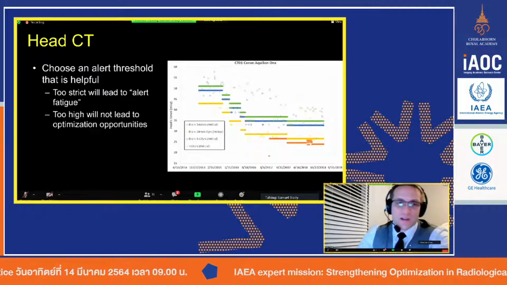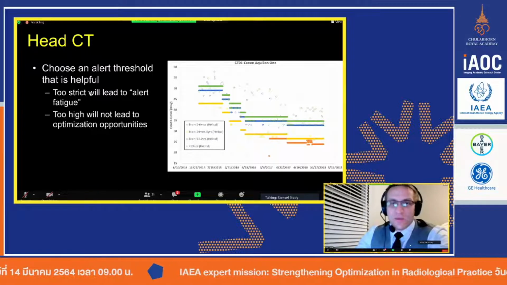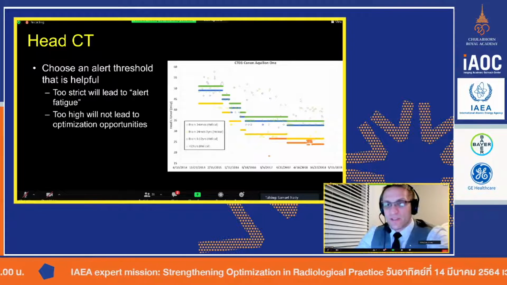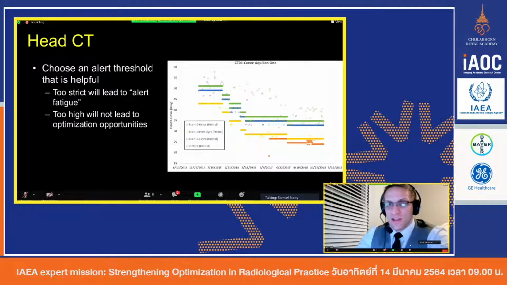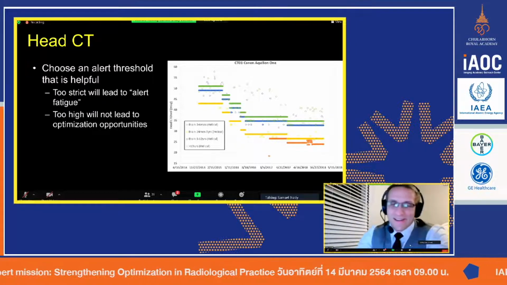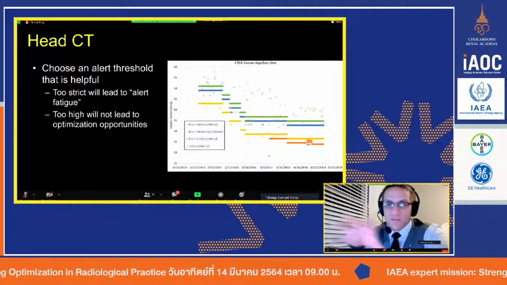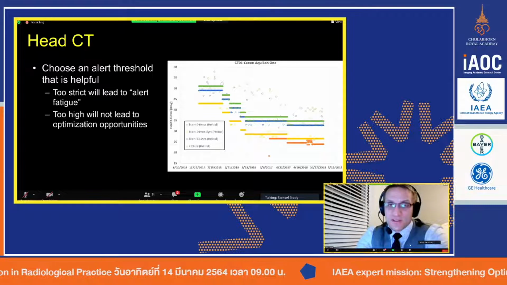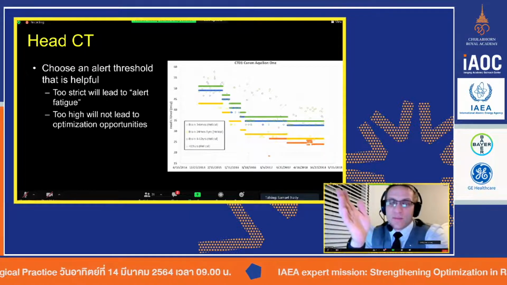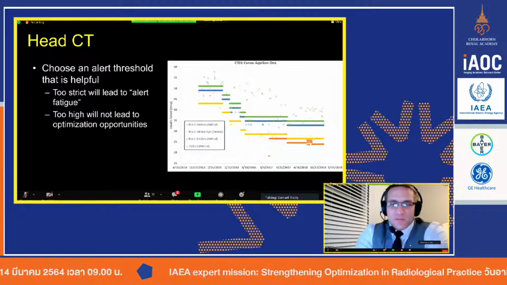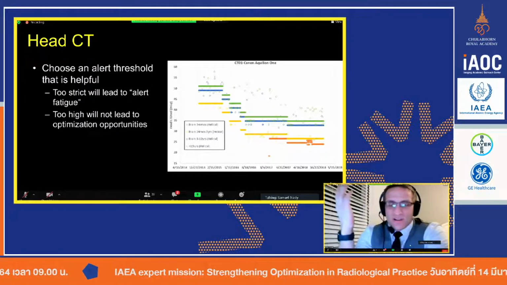All right, and that's kind of what I said basically. You don't want to set the alert level so high that nothing ever triggers it. But if you set it too low and it triggers every day, well, first of all, like I said, up to this point in our experience, most of them are false alarms. So if it's triggering every day and the preponderance of them are false alarms, at some point, human nature is just to start ignoring them.